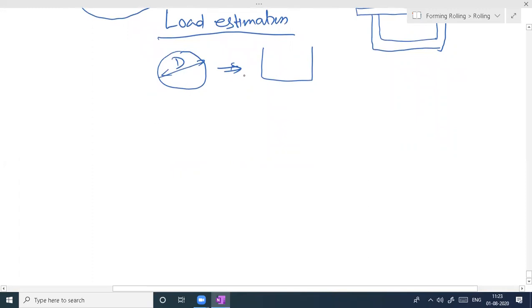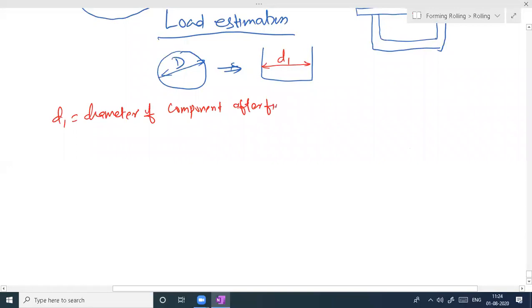So you have a diameter. This is d. I am writing d1. Why am I writing diameter of the component? Diameter of component or cup component after first draw.